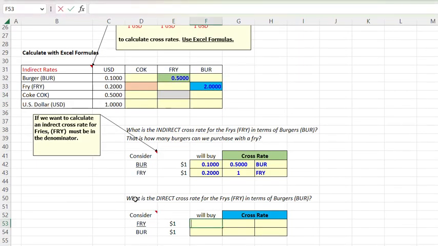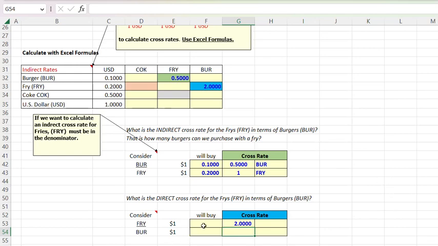To find the direct cross rate for fries in terms of burgers, we want burgers in the denominator and fries in the numerator. We could calculate it by simply taking the inverse, that is 1 divided by the indirect rate, to get our cross rate of 2 fries per burger.